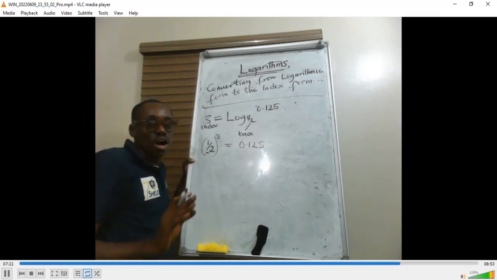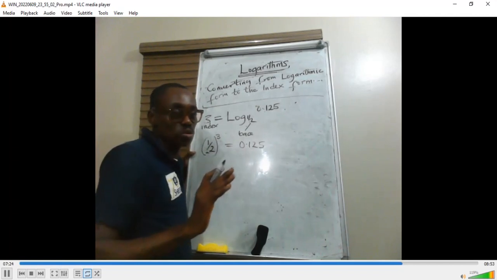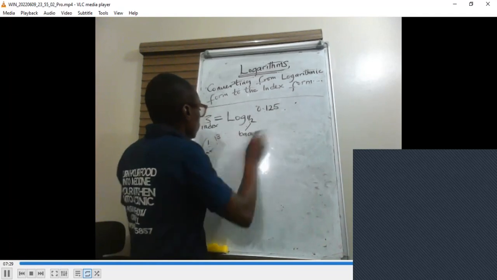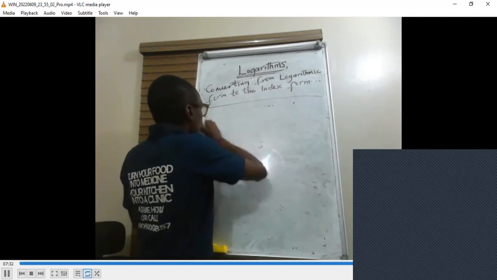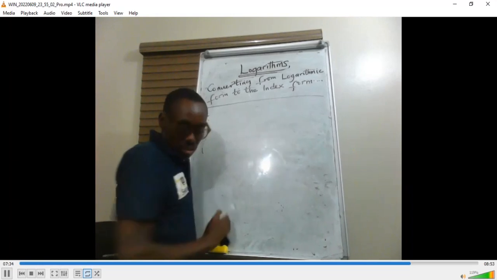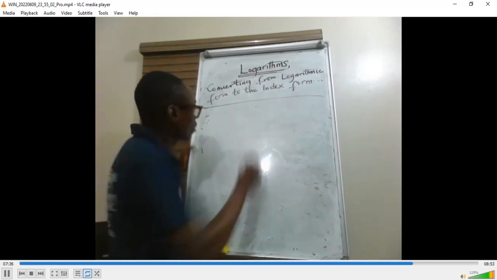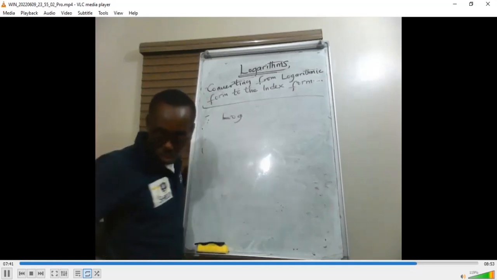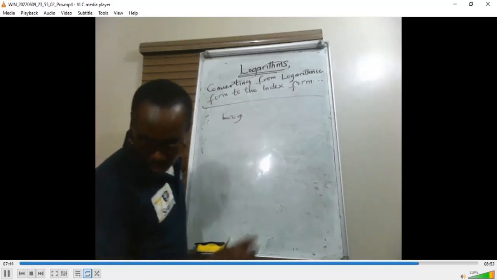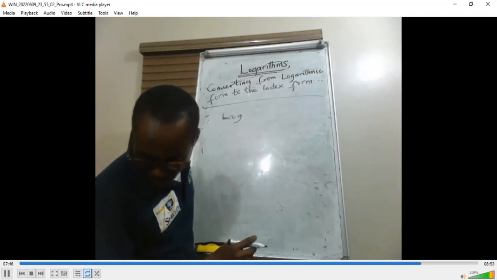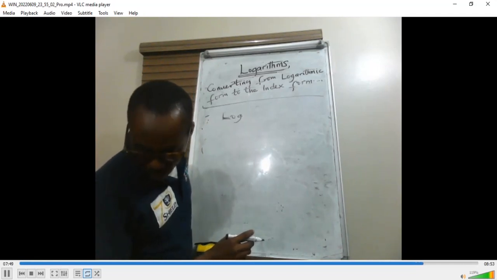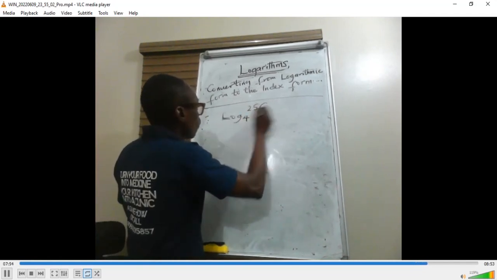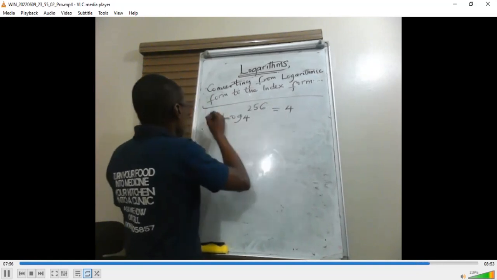So right now, I will just give you some exercises to practice on your own. If you have log 256 to base 4 equals 4, this is 1.